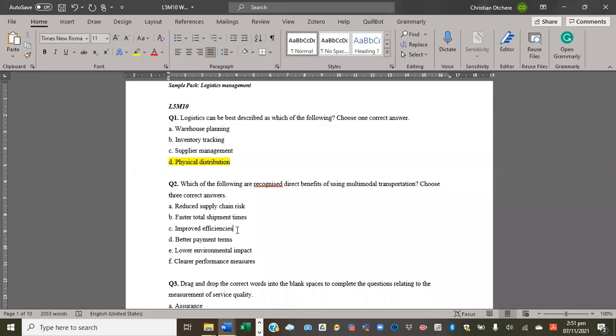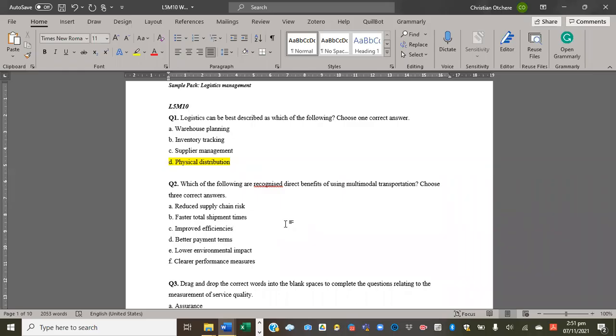But what is multimodal transportation in the first place? It's a means of using multiple transport modes.